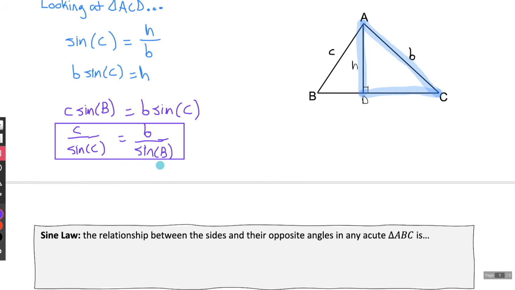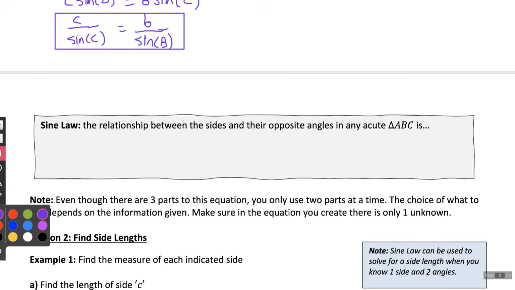If I drew the altitude from a different vertex, like if I drew it from vertex B or from vertex C instead of from vertex A, I could come up with an equivalent expression for one of the other pairs I could make between a side and the sine of its opposite angle. So if we took the time to do that, we would figure out that any side divided by the sine of its opposite angle is going to give us an equivalent ratio.